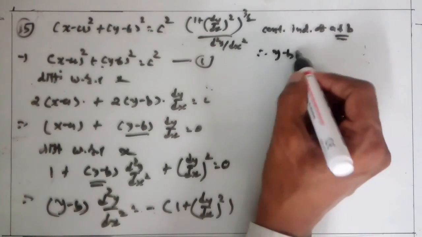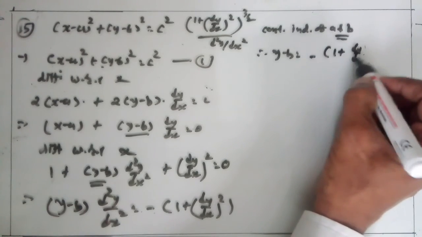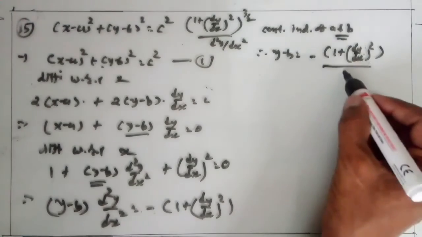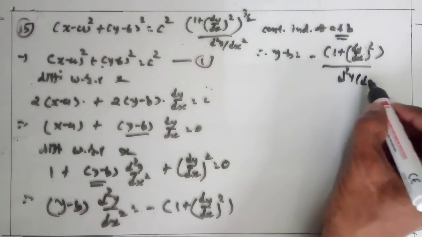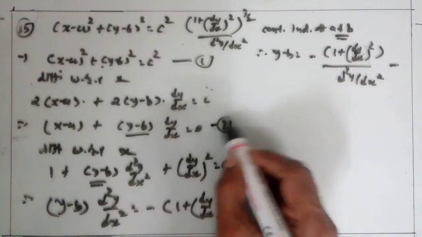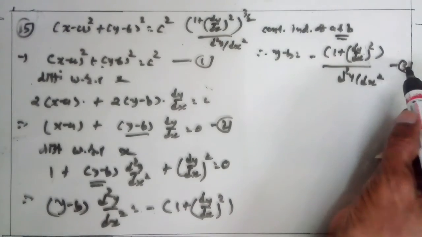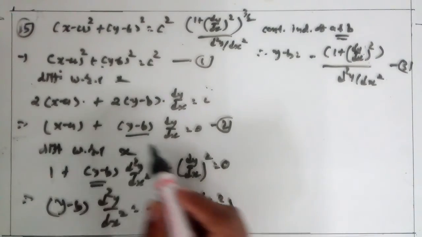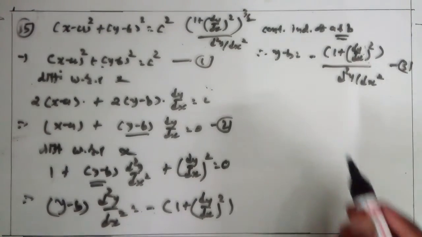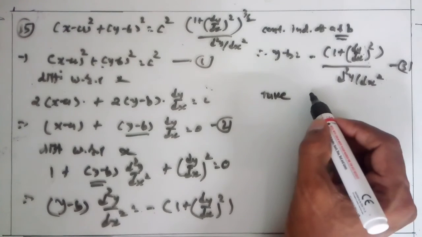So y − b is equal to minus [1 + (dy/dx)²] upon d²y/dx². Clear? Take this as result number 3, the previous one being the second. Now use this result third in the second.